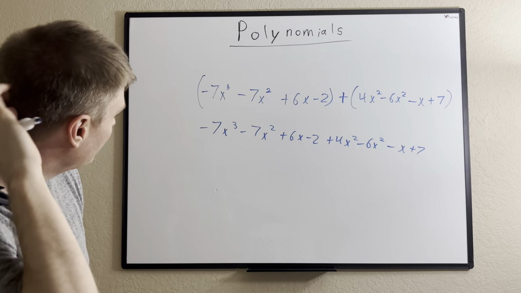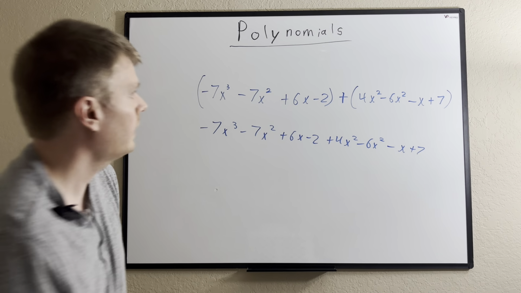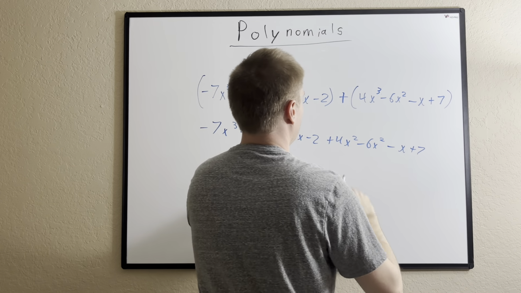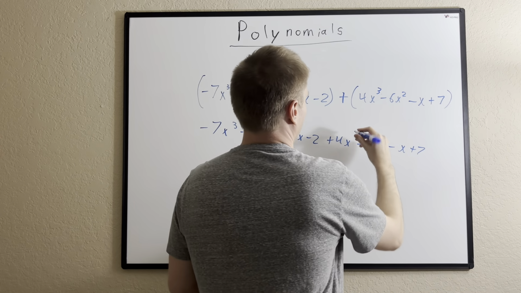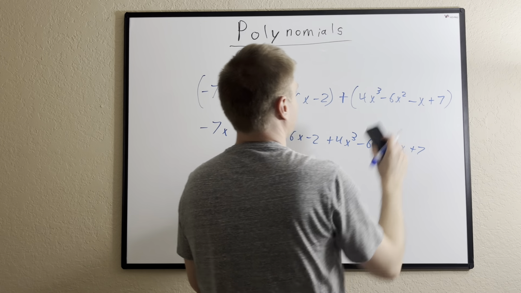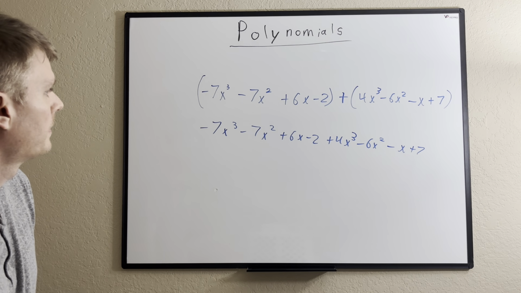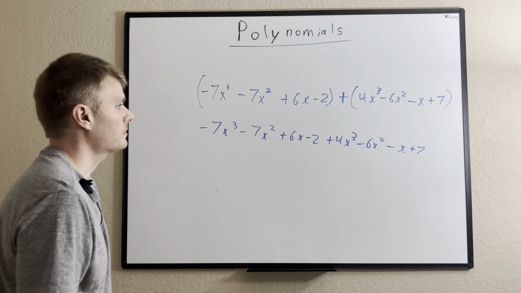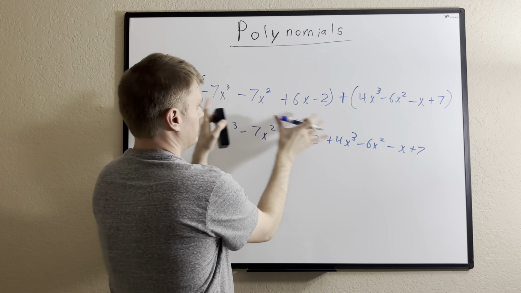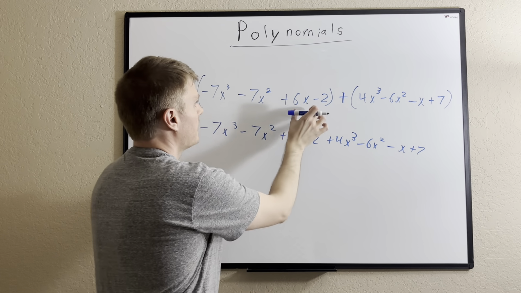How do we simplify it? We combine like terms. And I wrote something wrong here. That is supposed to be 4x cubed. I was wondering what was going wrong there. All right. 4x cubed. We combine like terms. You cannot add these two together. That's why it's a 4-term polynomial, you know.